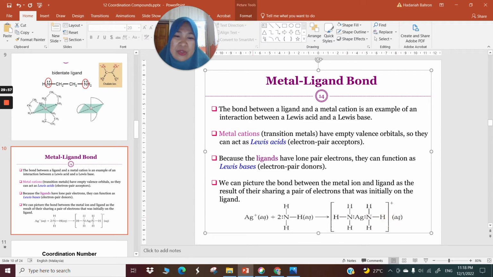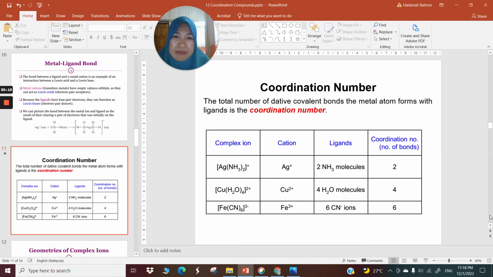Because your silver has a plus charge, your ammonia has no charge, so the plus charge is carried over throughout the complex ion within the square bracket.